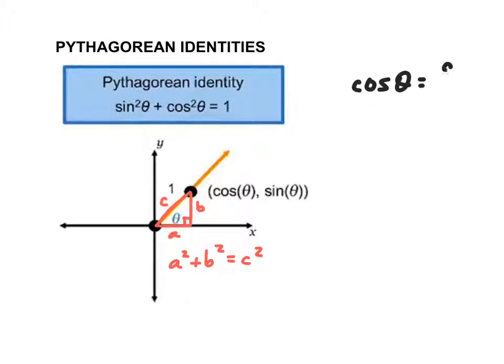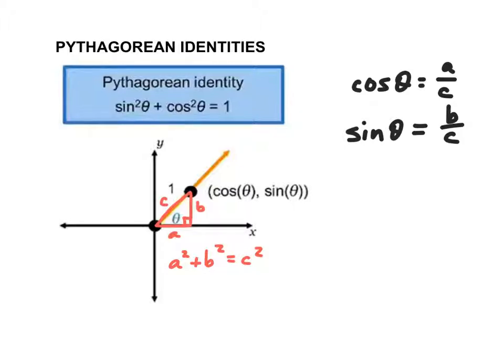So that's going to give me A over C. If I were to find, say, sine of theta, that would be B over C. So given theta, this is my opposite side divided by my hypotenuse, so I've got B over C. Okay, and what I want to do is use this idea here to prove the Pythagorean theorem. Okay, so this is the Pythagorean identity, and it works. We're using the Pythagorean theorem here, but that's the idea.